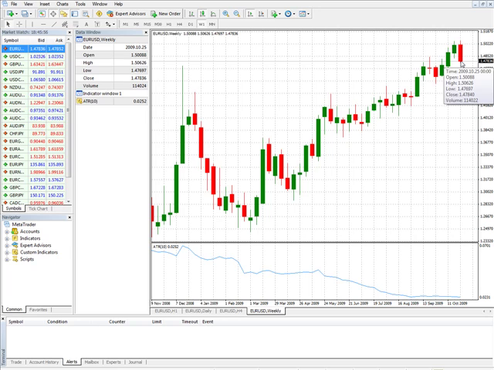Now let's take a look. Okay, we're on the weekly chart and we're looking at the average true range. And as you can see over here, 0.0252. And if we look at that, that's 252 pips.